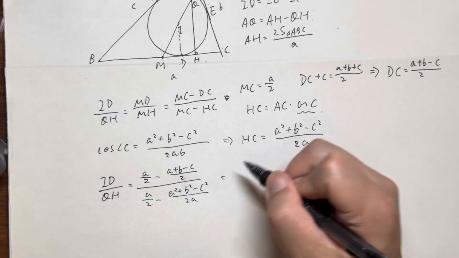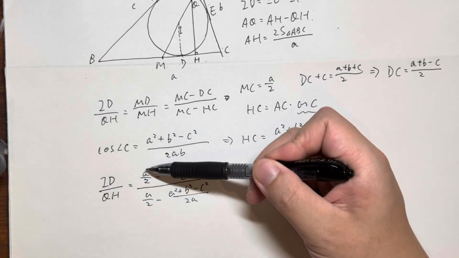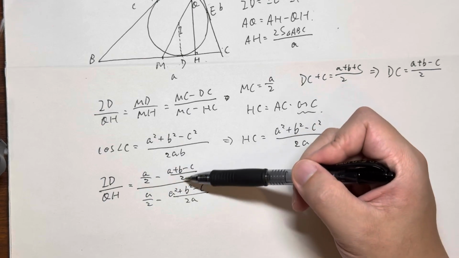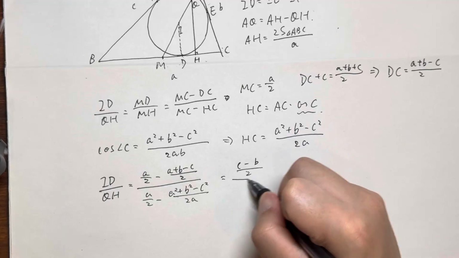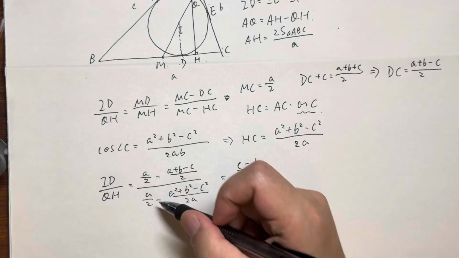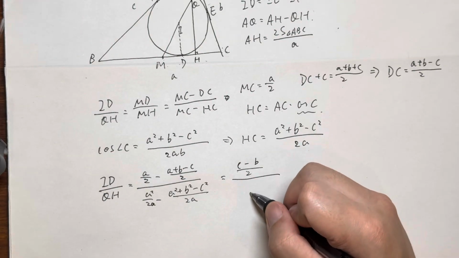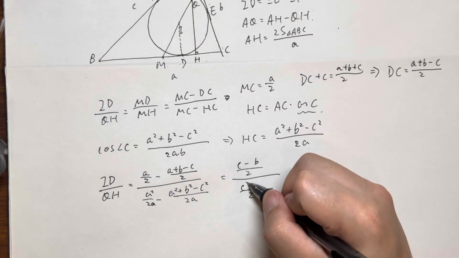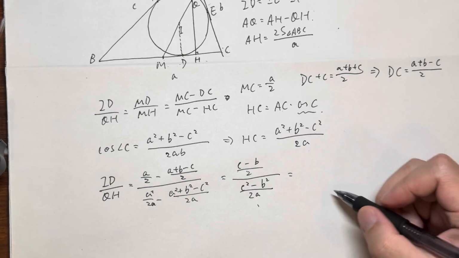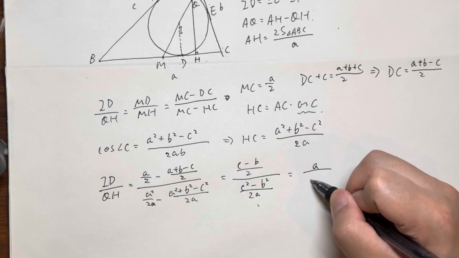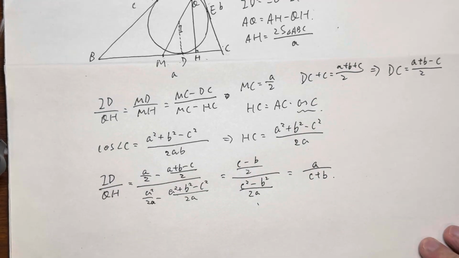For the numerator, the A divided by 2 terms cancel each other, and we get half of C minus B. The denominator can be rewritten, so it equals C squared minus B squared divided by 2A. So it equals A divided by C plus B. That's ID to QH.